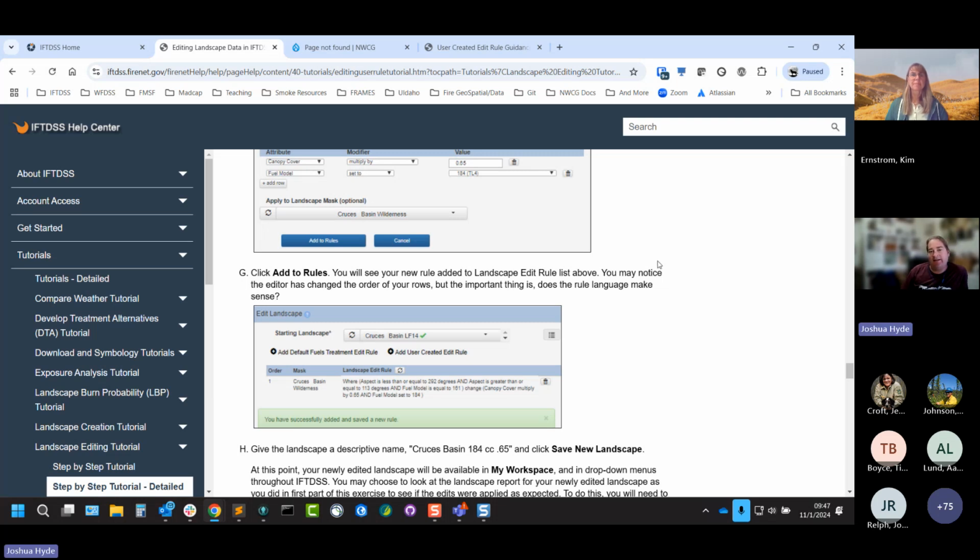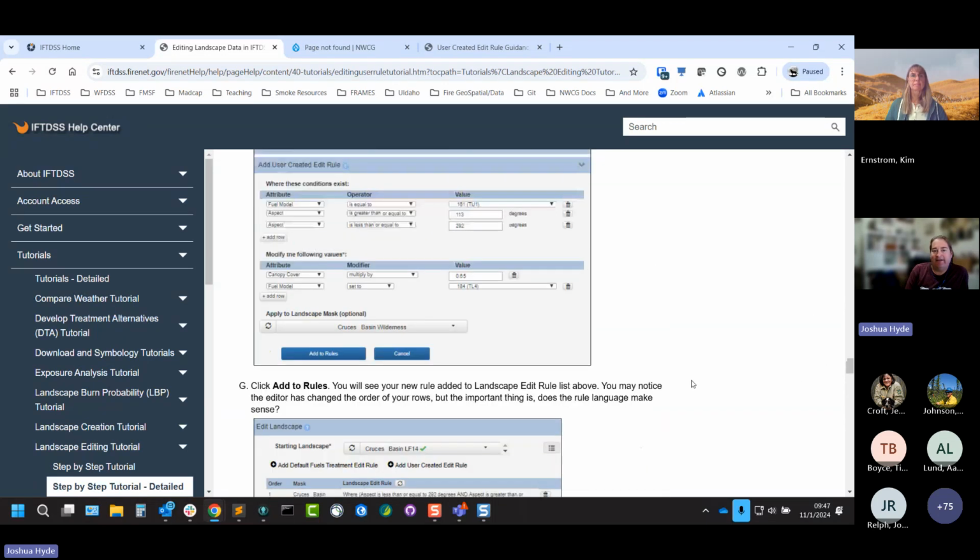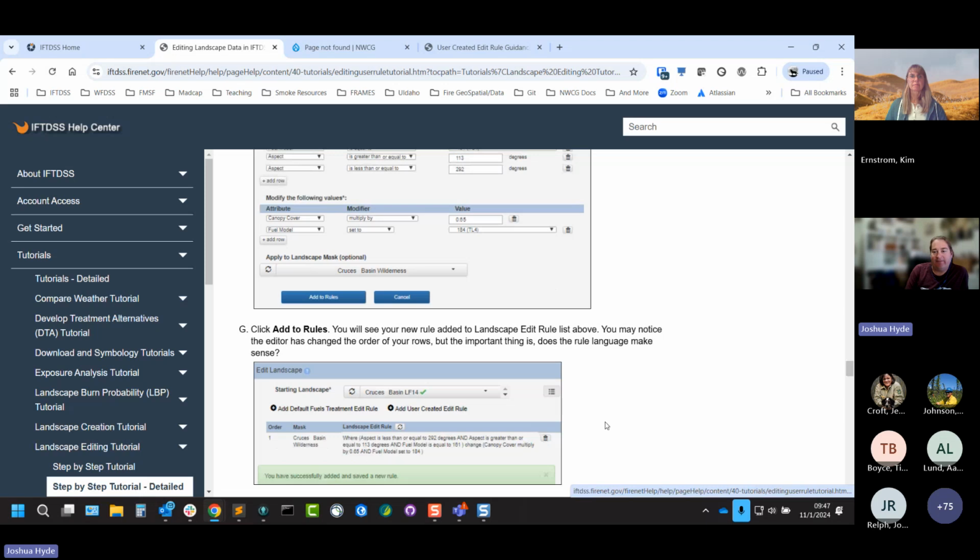So when IFTDSS updates at the end of November, beginning of December, we're going to have all these corrections in this step-by-step tutorial. And we're also working on a new tutorial that we can add to this that goes into a little bit more detail on creating these user-created rules.